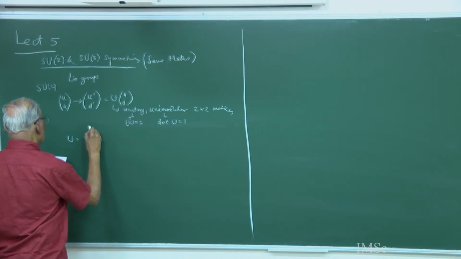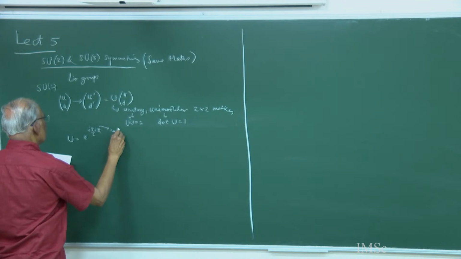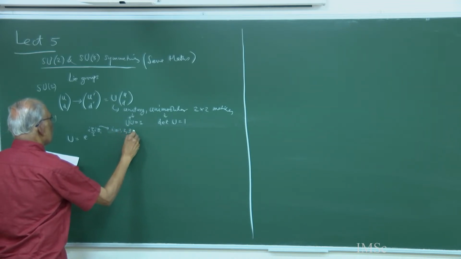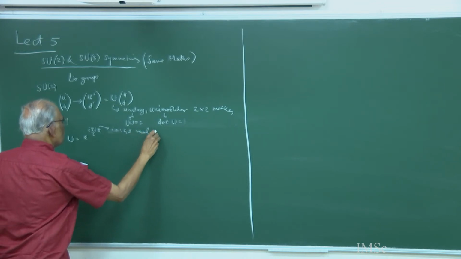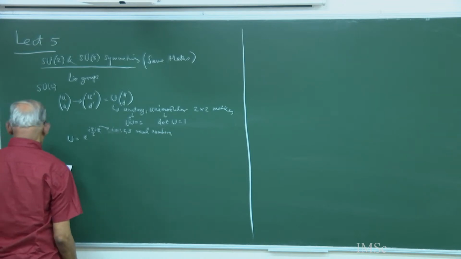exponential of i tau i theta i, with theta i real numbers, i equal to 1, 2, 3. Taus are the Pauli matrices.